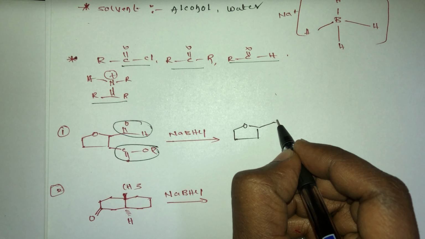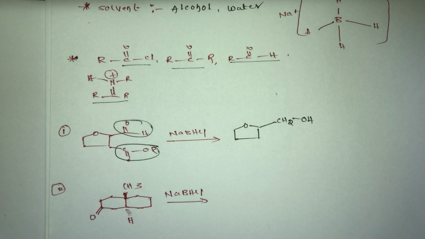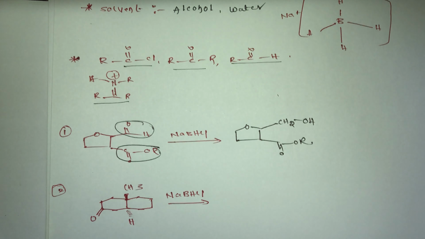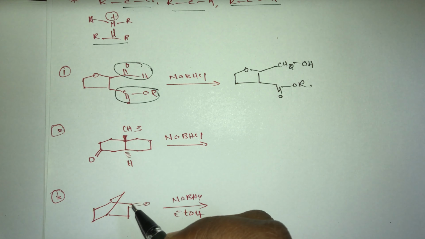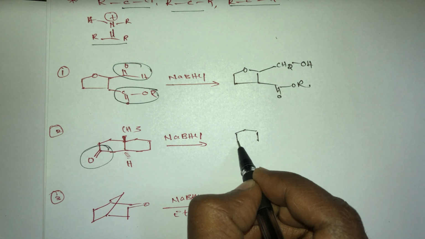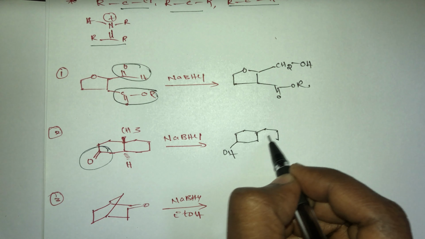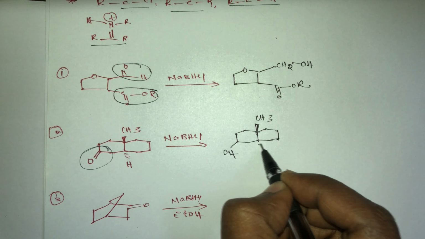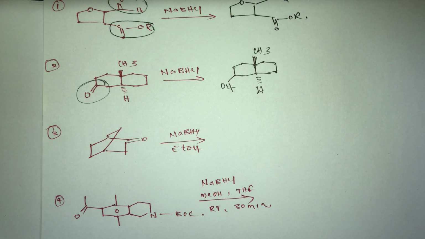Here you can simply write CH2OH, and you can keep the ester as it is, because esters will not be reduced. And here we have a ketone, right? Obviously you can reduce that itself. Here you can write CH3 and H.